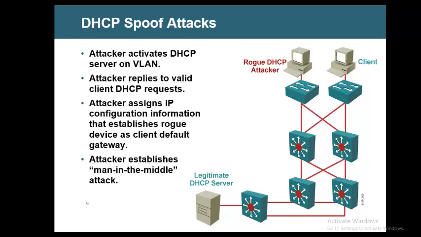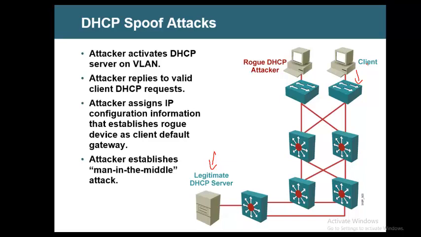And this client is there on the top right, and this legitimate DHCP server is down there, on the left. The client is sending a layer 2 broadcast. Hello DHCP server, I need your help. The client really does not know where the DHCP server is, that's why it is sending it as a broadcast.